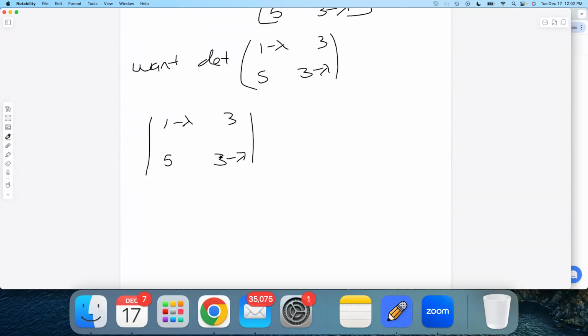Okay, do you remember how to do a 2 by 2 determinant? You multiply these minus multiply these, this way minus this way. So that will be 1 minus lambda times 3 minus lambda, minus, now go this way, 3 times 5.